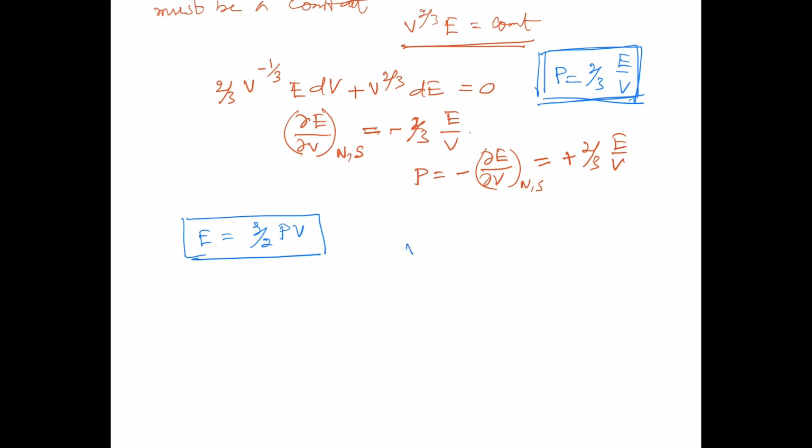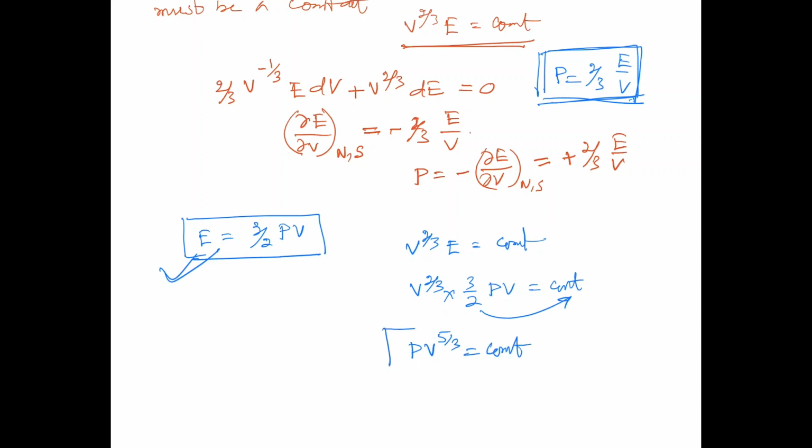Now, as we have also obtained V to the power 2/3 into E equal to constant, let's substitute for E from this equation. So we get V to the power 2/3 multiplied by 3/2 PV equal to constant. We can take 3/2 into the constant, and then we get PV to the power 5/3 equal to constant.